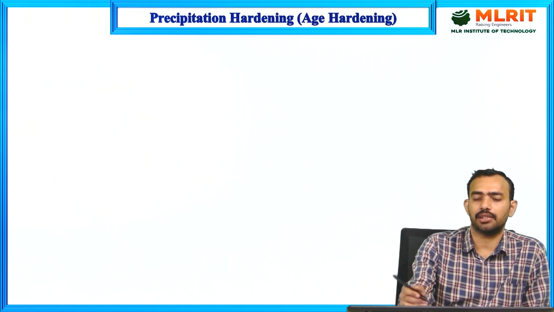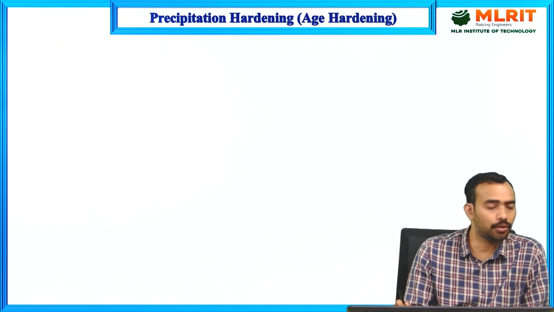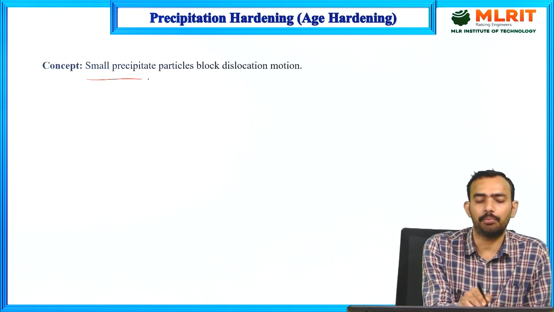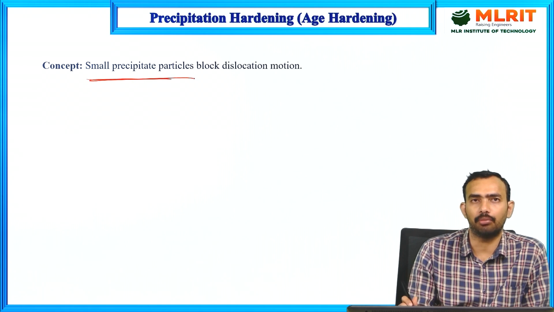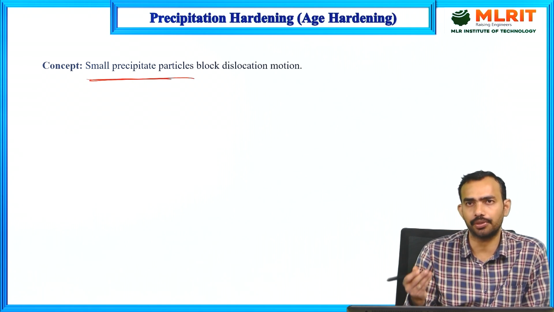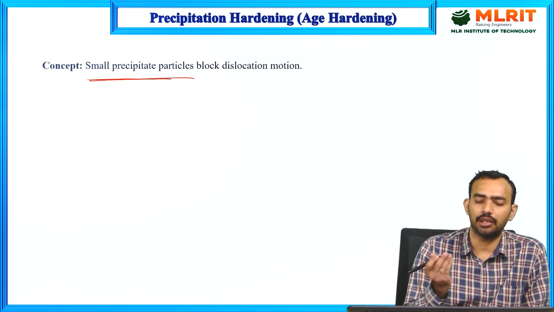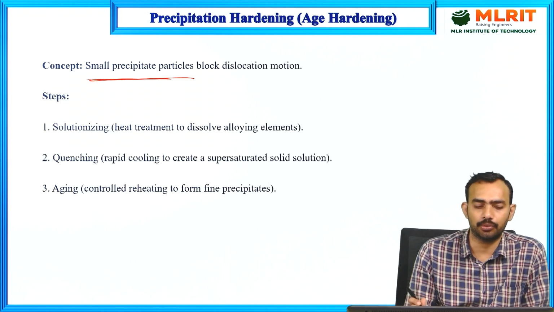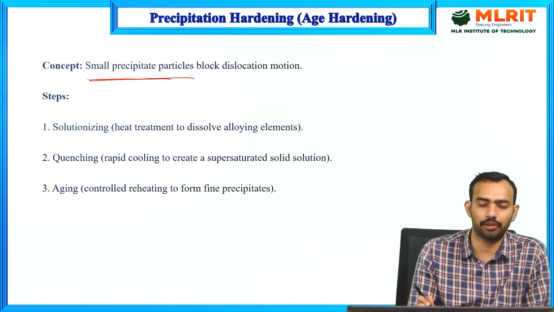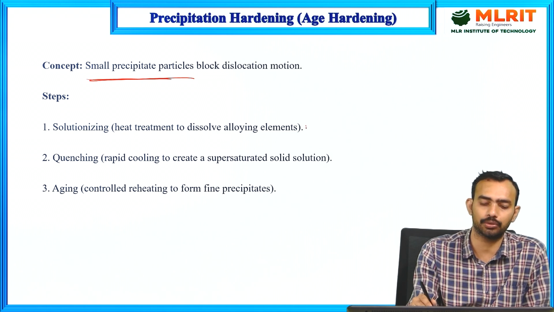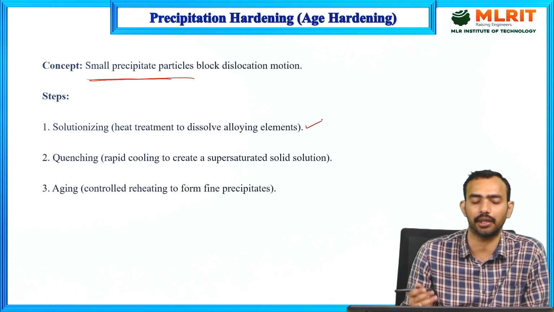Then the next technique is precipitation hardening, also called age hardening. The concept is that small precipitate particles will block the dislocation motion. So we will be purposefully introducing precipitates into the crystal lattice, which will block the dislocation motion. The steps we follow are: first we solutionize the material through heat treatment, where we dissolve the alloying elements.